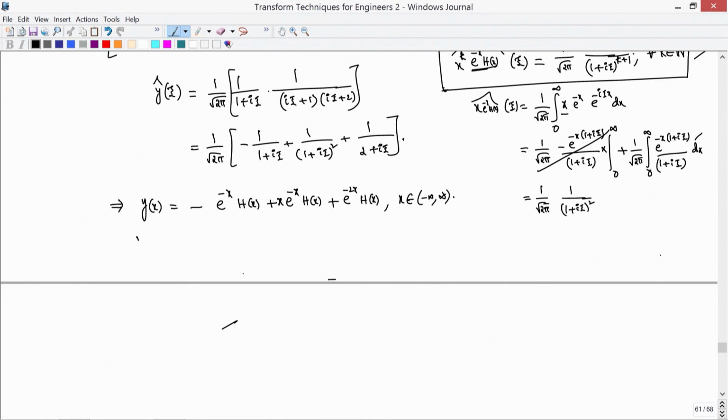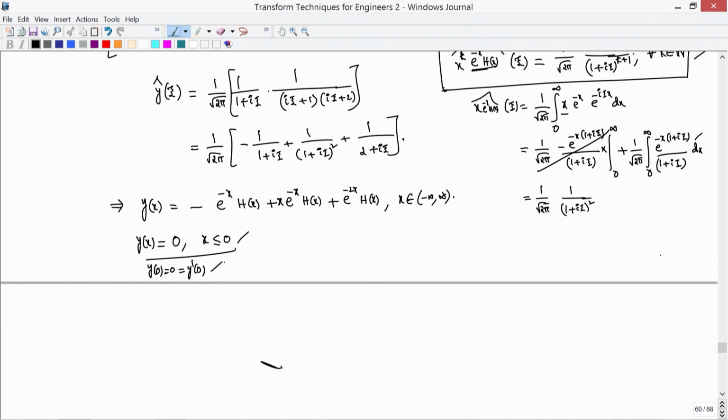Okay. So, what happens when x is less than or equal to 0? Clearly the solution is 0 there. So y of 0 is automatically satisfied, and y dash of 0.